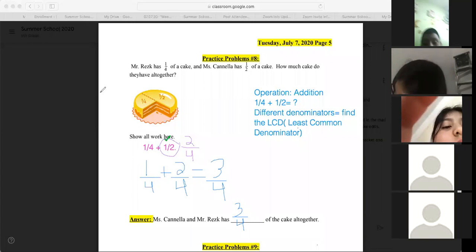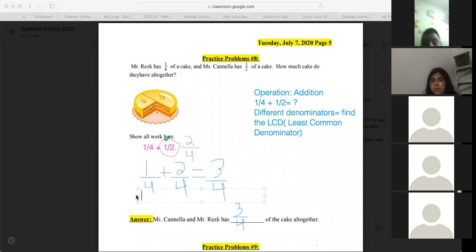Because as a fraction, I want to show you something here. As a fraction, 1/4 is equal to, if you think about a quarter, 1 is the part, the whole is 4, which is the same as 25. And 2/4 is the same as 50 cents. And if I add them up, I now get 3/4, which is the same as 75 cents.